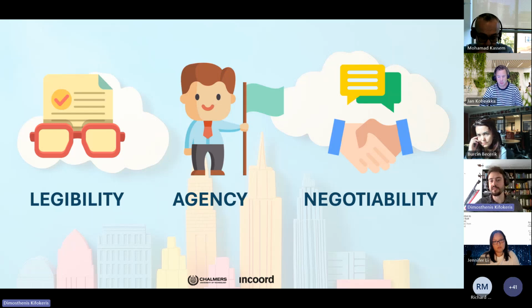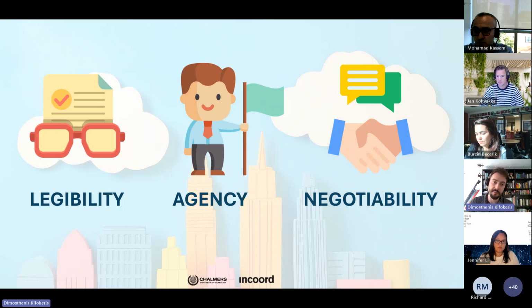So this is the working definition. I think it's much slimmer in our white paper, but I furnished it a little bit more with some more words. And in our idea of making this working definition, we based ourselves on a lot of both seminal and current literature and theory behind it, including Richard's papers.